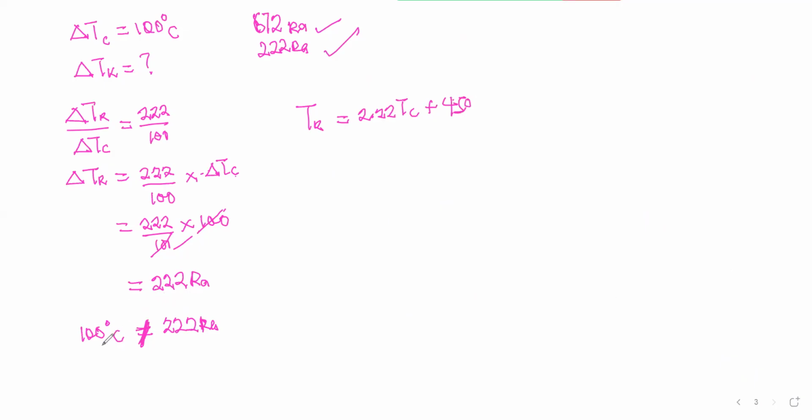So if I'm giving 100 degrees Celsius to convert it to have the corresponding value on this scale, then it becomes 2.22 times 100 plus 450, and I think that is 672, right? So get the difference between change in temperature and this.